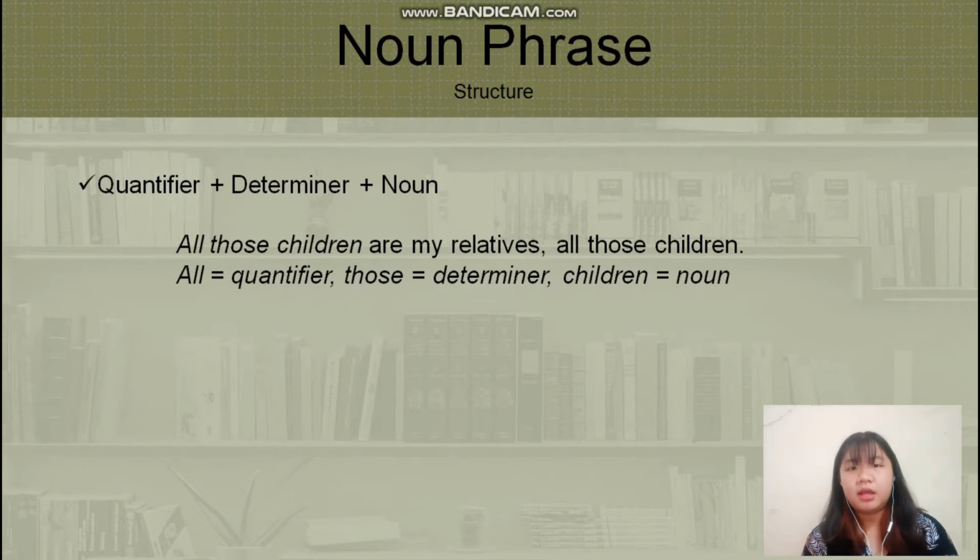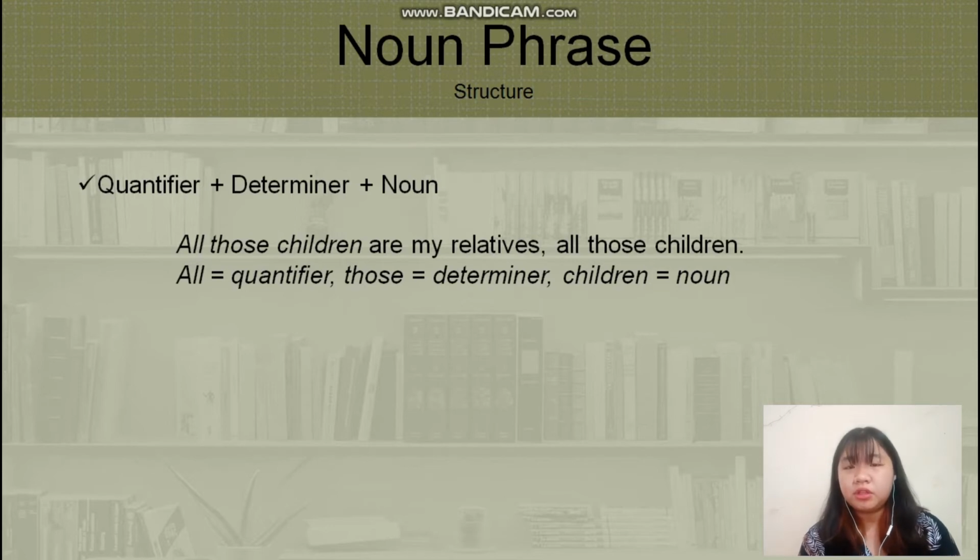For example, all those children are my relatives. All is quantifier, those is determiner, and children is noun. So it's combined. So all those children is a noun phrase. So that's all for noun phrase.